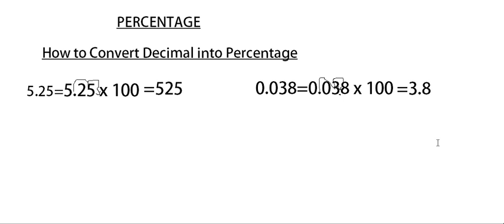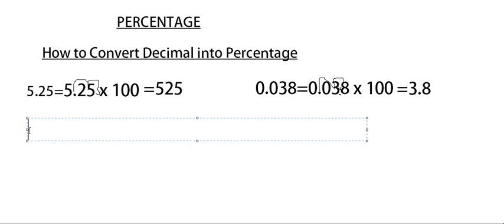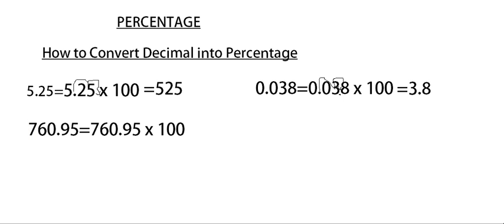Take another example, 760.95. Okay, same principle, I will multiply this whole number with 100 in order to bring it into percentage form. Now I will place the decimal 2 places towards my right. 1, 2.